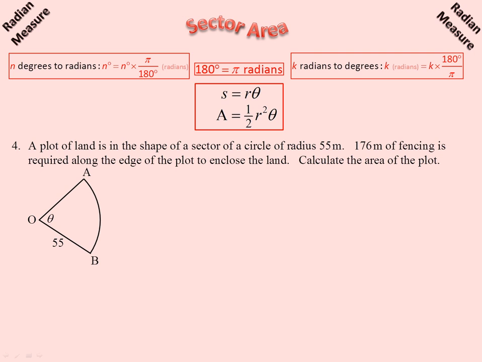Okay. So AB is going to be equal to that 176 less twice those 55s, giving 66. So we now know the arc length. We know the radius, which means we can find the angle.